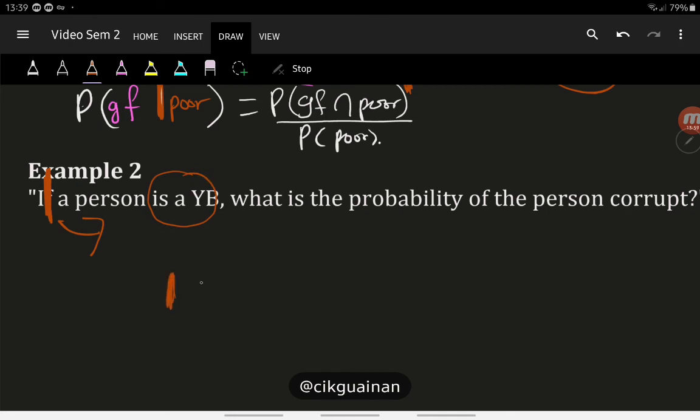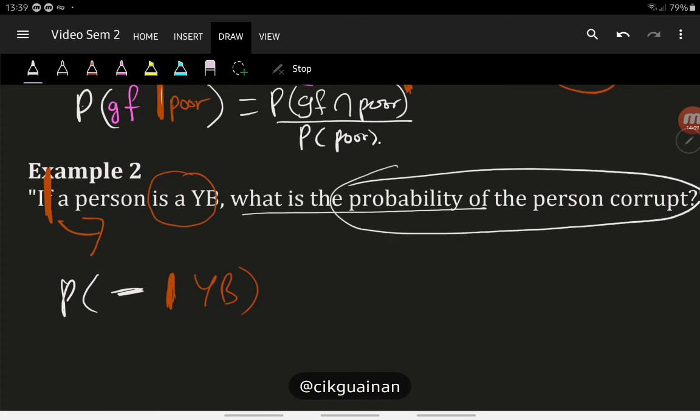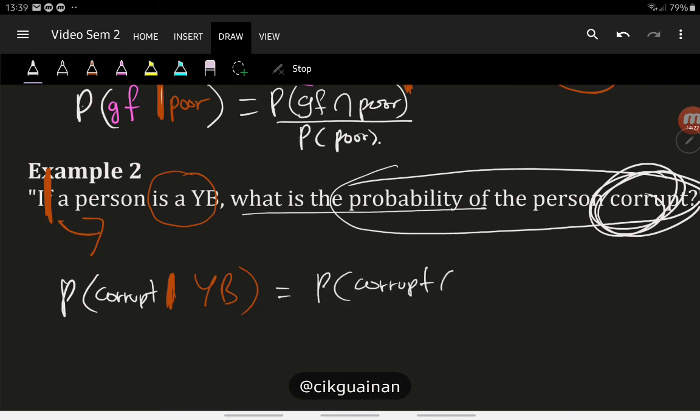So put the pole over here, YB over here, close the bracket. Now what's left is getting this one. What is the probability? The probability of the person being corrupt. So this is the missing event that we are looking for. So we write: P(corrupt intersect YB) divided by P(YB). I think that's all.